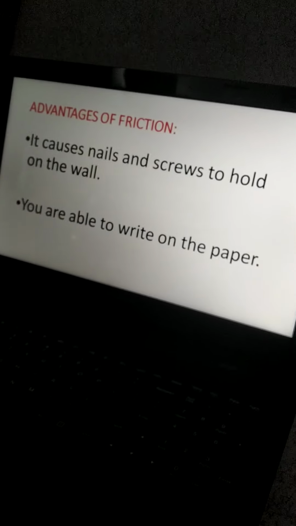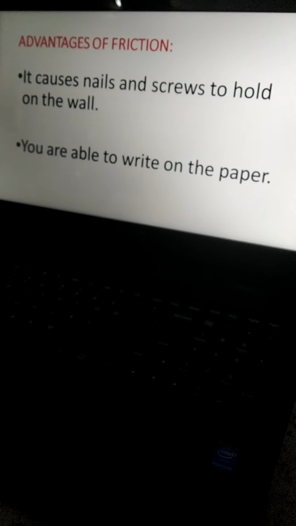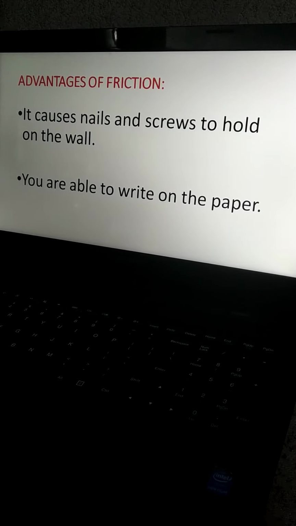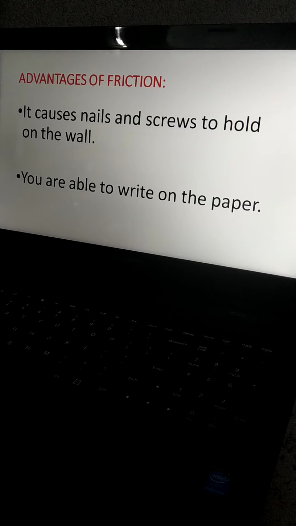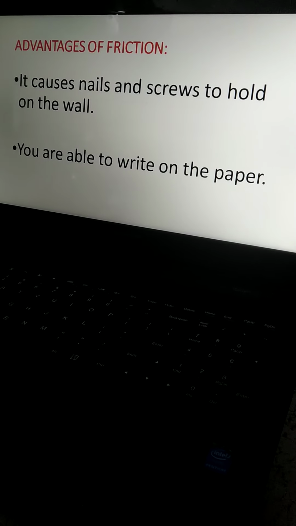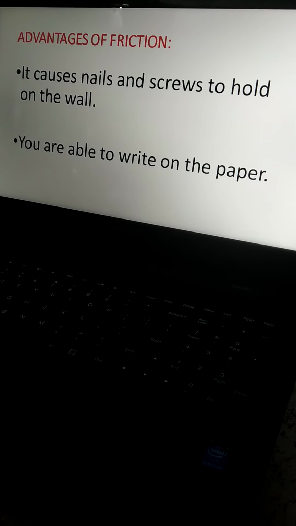So, once again I give you a chance to find out advantages of friction in your life. Two very common examples I gave. One, it causes nails and screws to hold on the wall. You are able to write on the paper. Have you ever tried to write on butter paper?